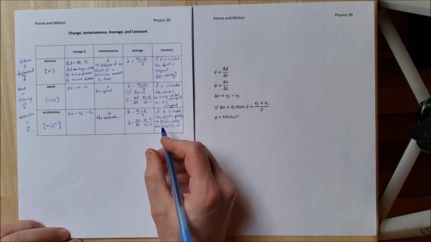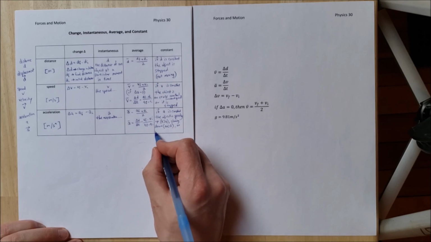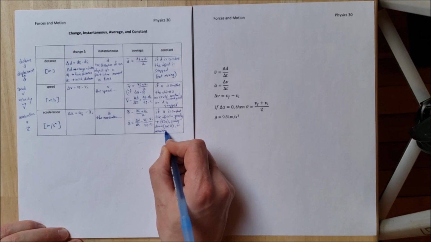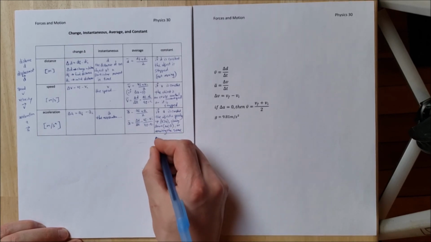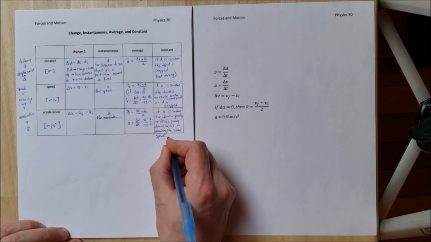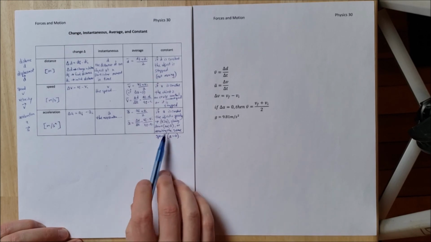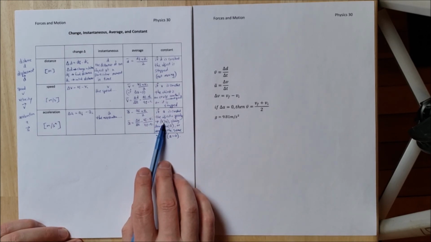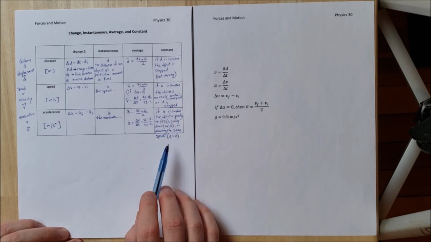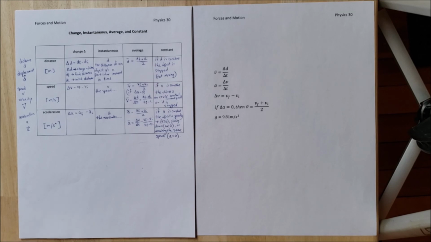Or it could be remaining the same speed, and that is if a is equal to 0. So that's really the cases. If the acceleration is greater than 0, then you're speeding up. If it's less than 0, you're slowing down. If it's equal to 0, you're remaining the same.